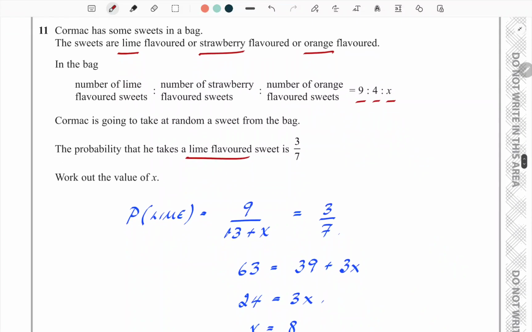Now, we can work in ratios because it doesn't matter what the actual numbers are. So we know that lime represents 9 parts out of the total, however many parts there are, and the total is 13 plus X, so that's 9 plus 4 plus X. So 9 out of 13 plus X has a probability value of 3/7.